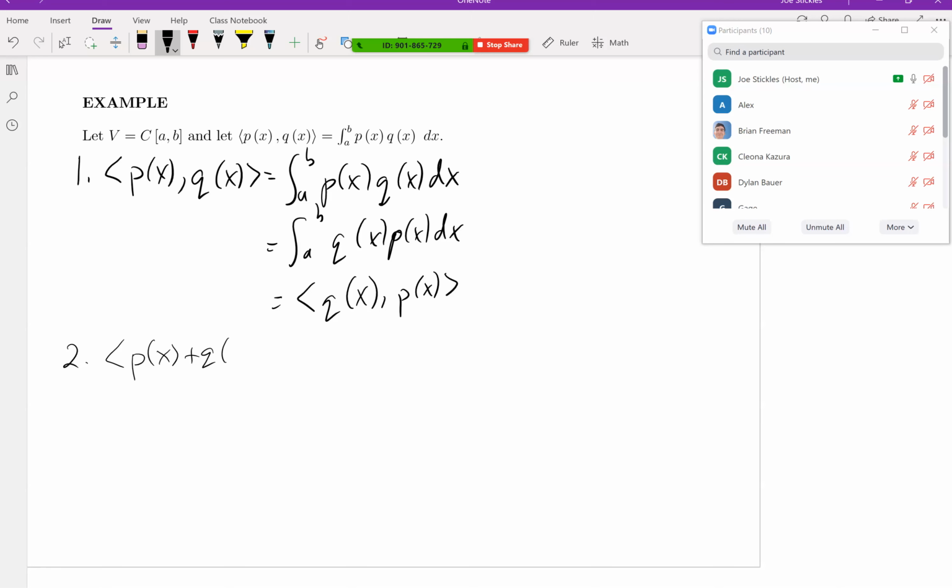The second property says we have distributivity in that left component, that first component of the inner product. So again, using the definition, I'm just going to put the two functions into the inner product.